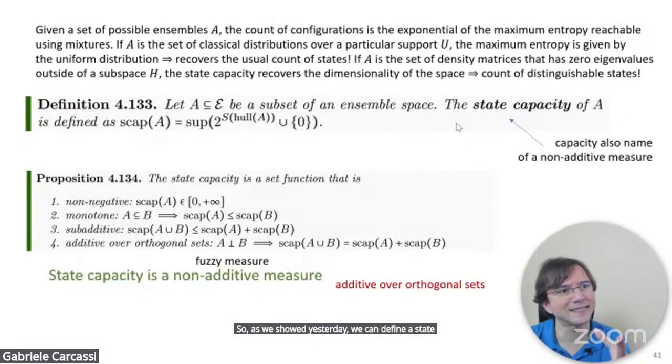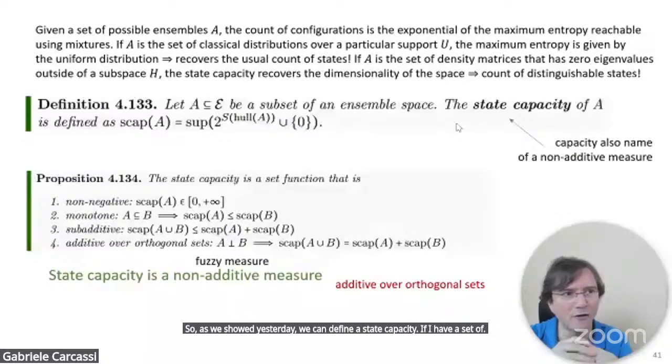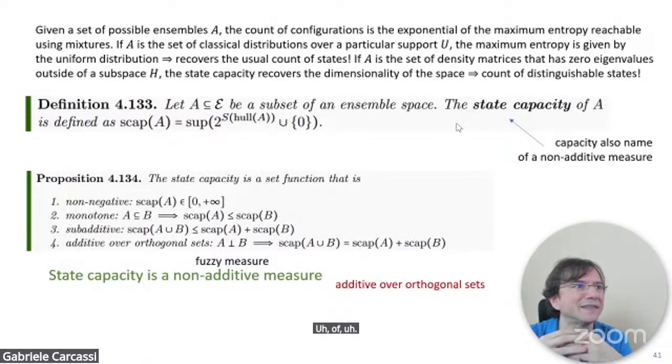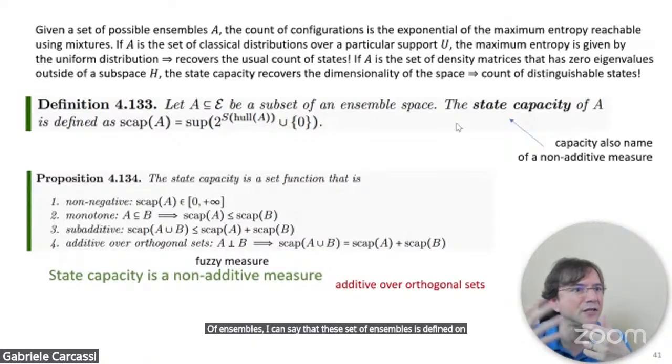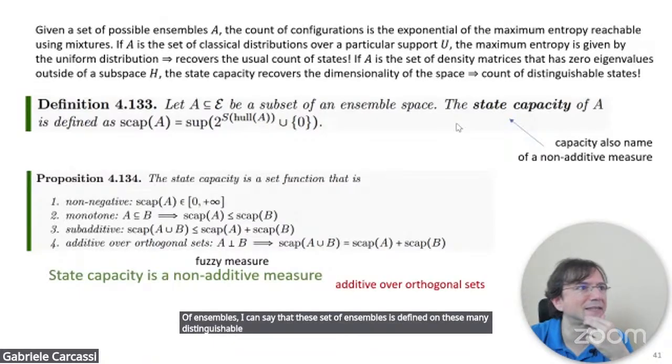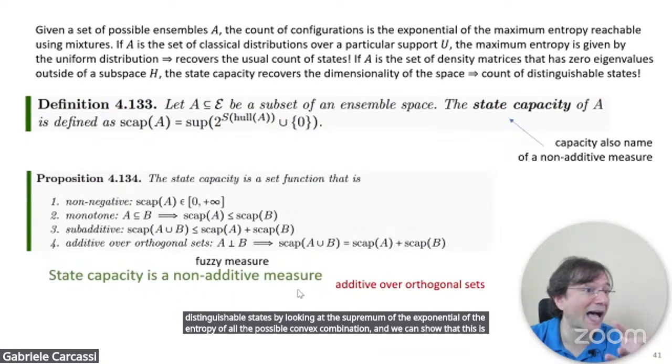If I have a set of ensembles, I can say that this set of ensembles is defined on this many distinguishable states by looking at the supremum of the exponential of the entropy over all the possible convex combinations. And we can show that this is a non-additive measure.